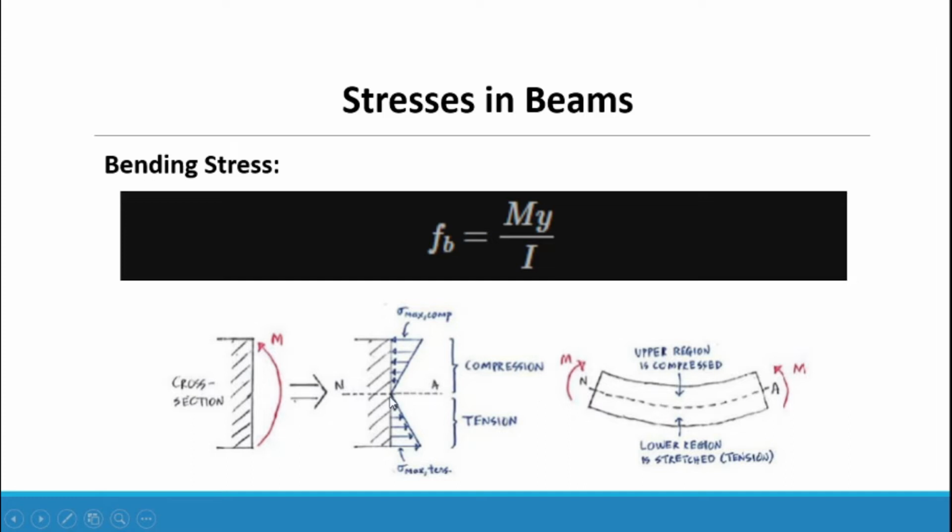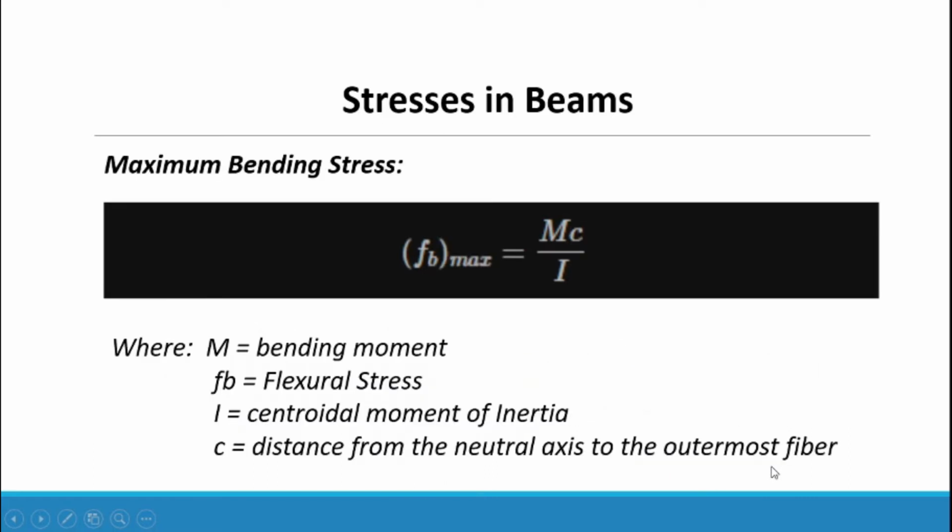From the neutral axis up to the top of the beam is the bending stress that is in compression, while below the neutral axis we have the stresses which are in tension, and at the bottom of the beam is the maximum bending stress for tension. So this will be the upper region that is compressed and the lower region that is stretched or in tension.